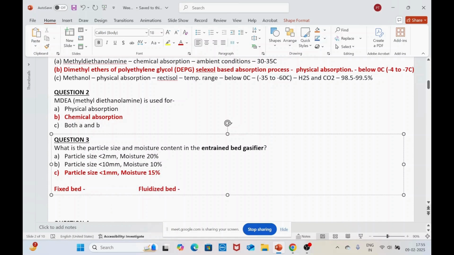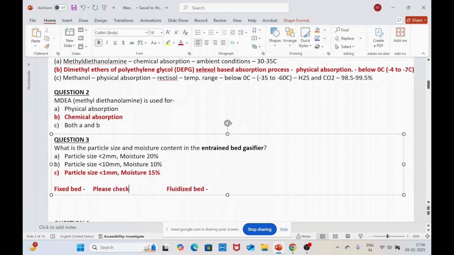Okay, and for fluidized bed, 5 to 6. You mean 60 or 16? Okay. So I am going to write this as, please check the slides.